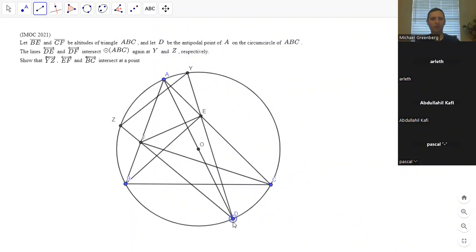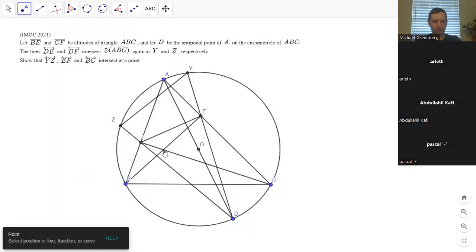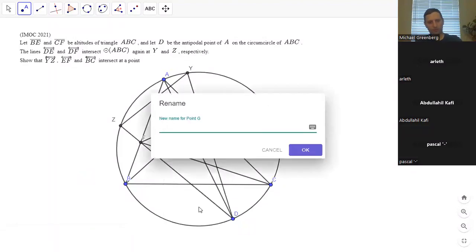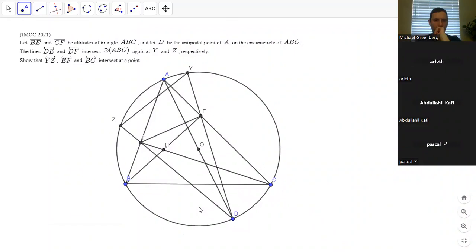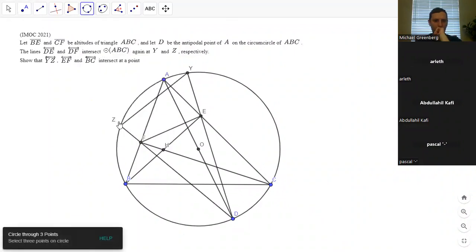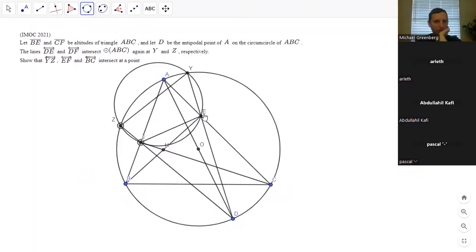Maybe power of a point from D. We'll just draw in the orthocenter H. Does this pass through another point? I don't see it. So we could show that DF times DZ is DE times DY.